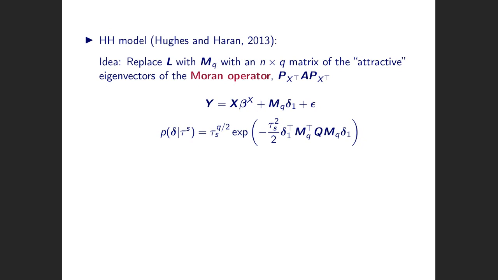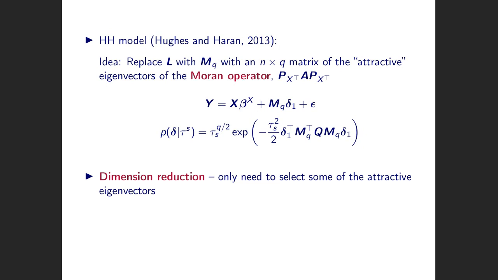So again, this model fits into this general framework of a spatial random effects model. We have a basis and coefficients with a prior distribution on delta 1. That should be a delta 1. Apologies for the typo, of this particular form.